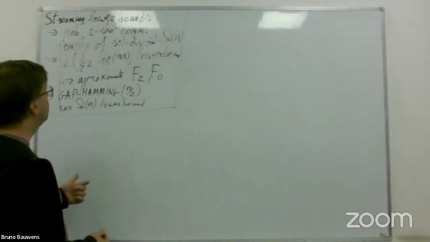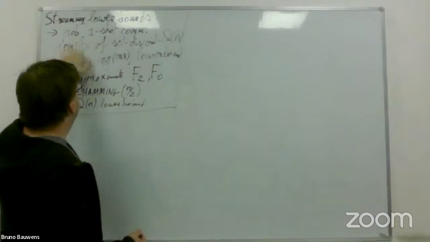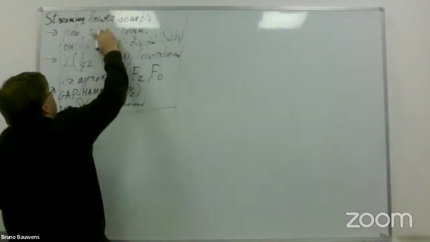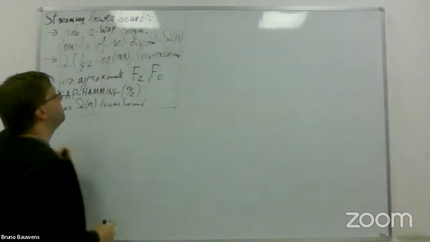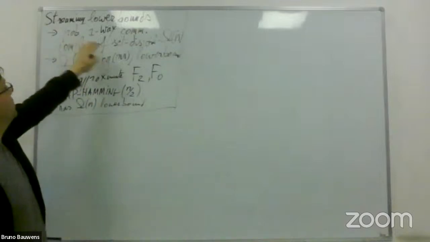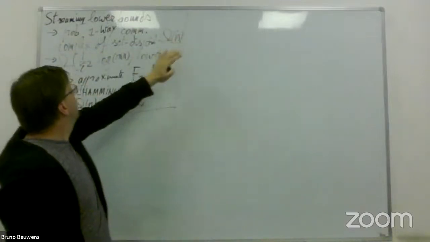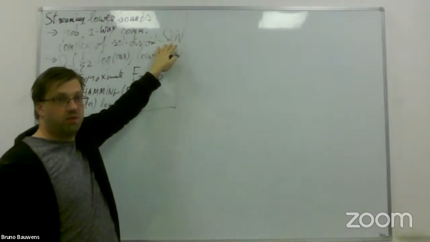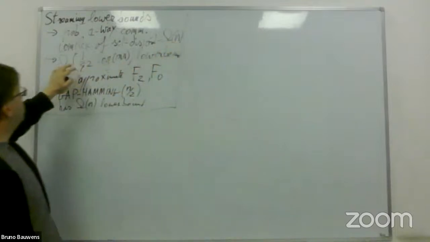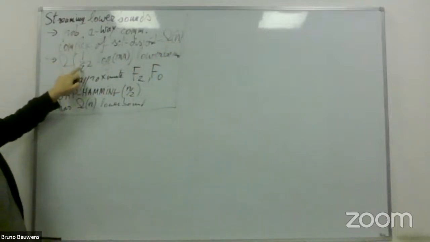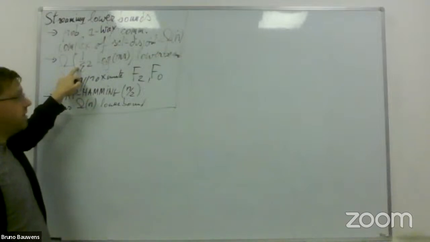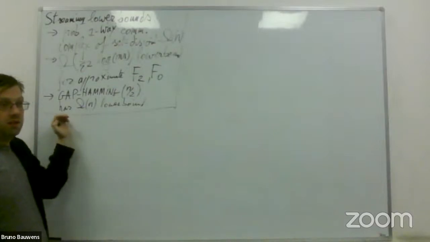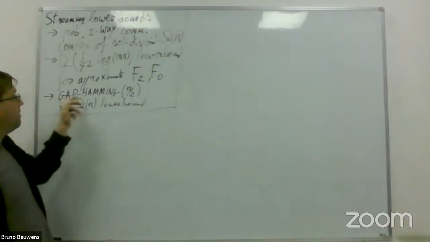And today I will give a proof of the one-way communication complexity of set disjointness. Probabilistic one-way is also linear. So we will start with this bound, and then we will move to 1 over epsilon. We will give a lower bound that depends on 1 over epsilon squared. And for this, we will need a different problem, not set disjointness, but gap Hamming.